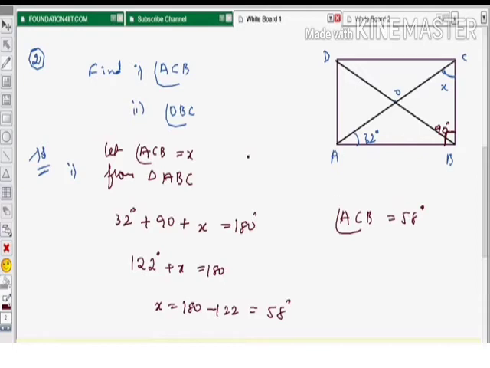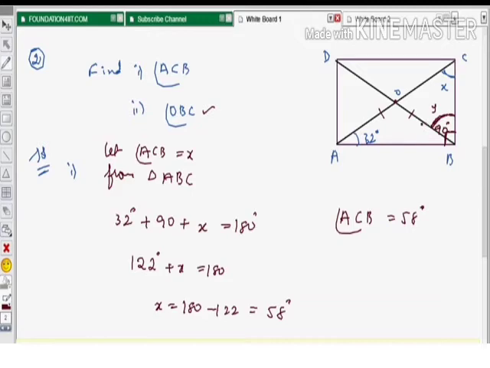That's it. And one more is angle OBC. Only this part I need to find out separately. This angle is taken as y. We know that OA is equal to OB. These two sides are the same. Whenever two sides are equal in a triangle, it's an isosceles triangle, and then the opposite angles are also equal.